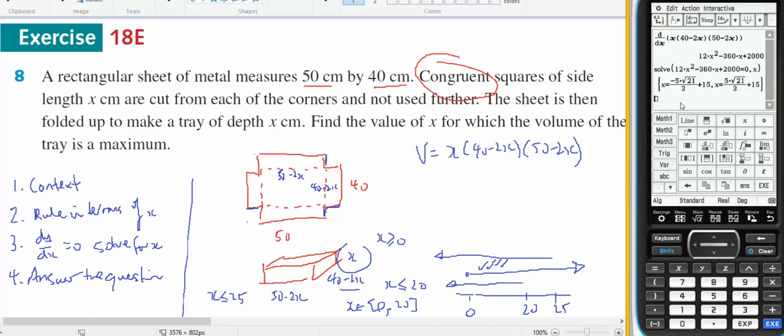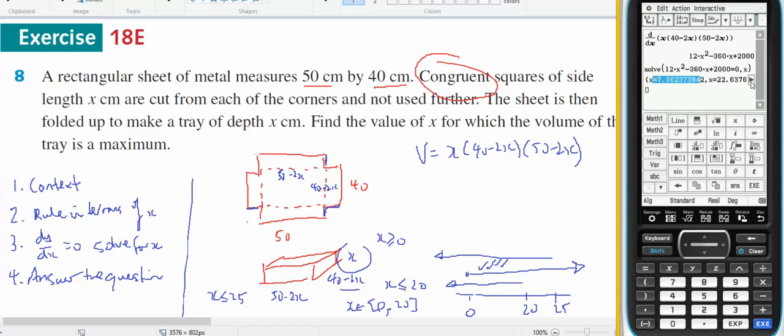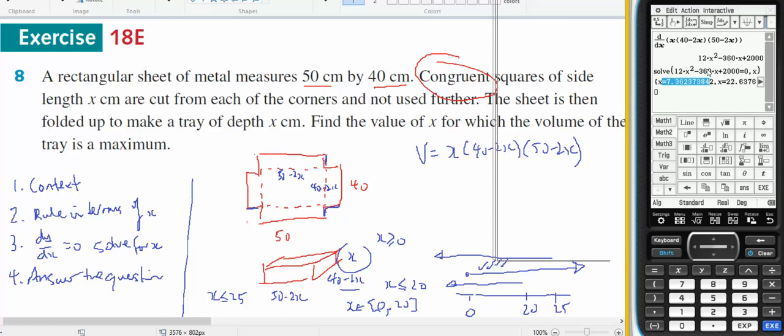Okay, and I get two answers. 15 plus or minus 5 root 21 on 3. I might have a look at these answers in decimal. I like 7.36 because it fits within my domain. I don't like 22 because it's too big. It doesn't fit inside my domain.